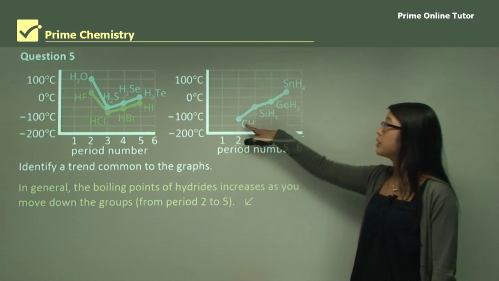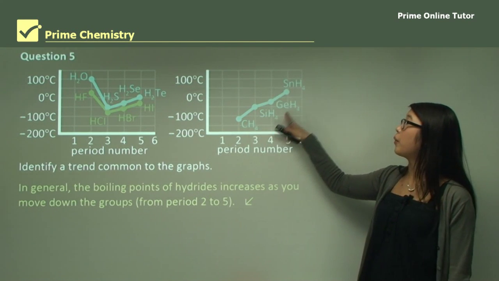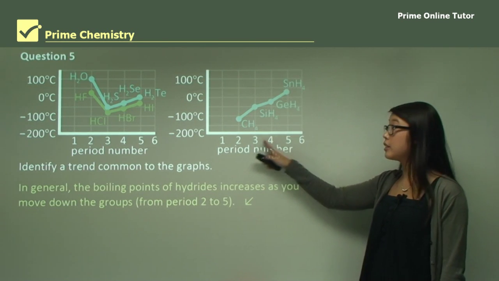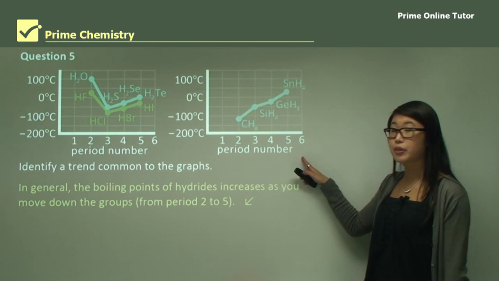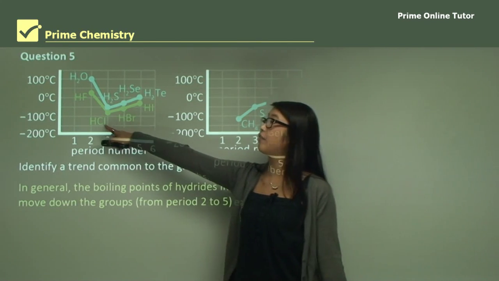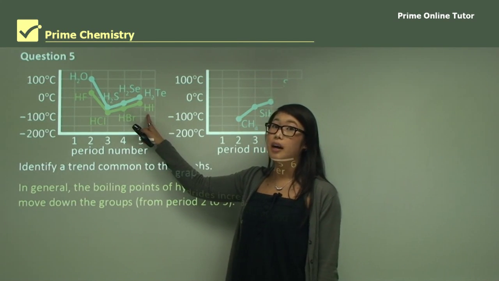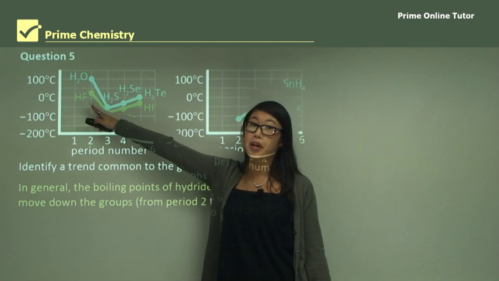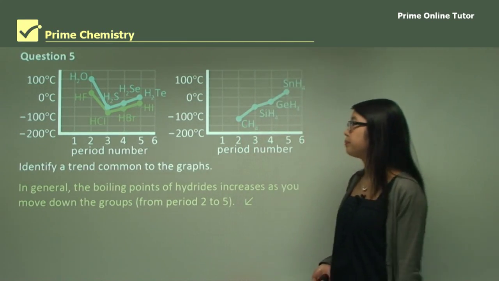We see that here with the methane, we're going up to higher temperatures as we increase in the period number. Period number means increase in mass. We also see that here from the HCl up to the hydrogen iodide. But we don't see that with water and hydrogen fluoride because of hydrogen bonding being present.